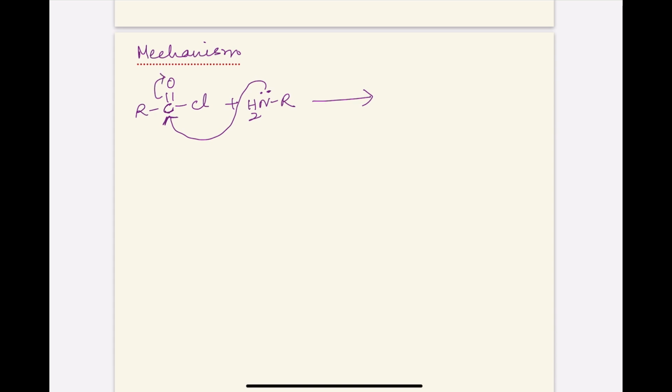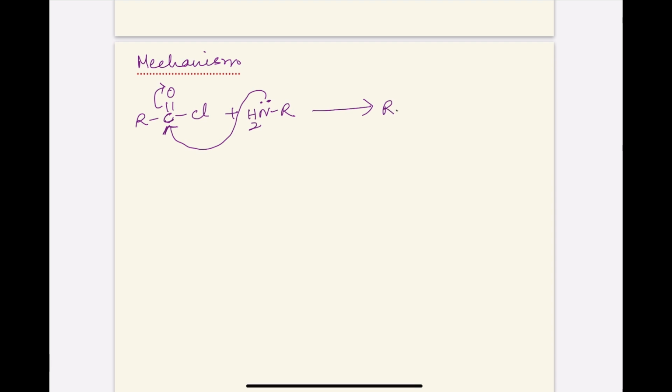The pi electrons move onto the oxygen, and we get the tetrahedral intermediate. We get a negative charge on the oxygen, and a C-N bond is formed. Since nitrogen loses the lone pair, we have a positive charge on the nitrogen.